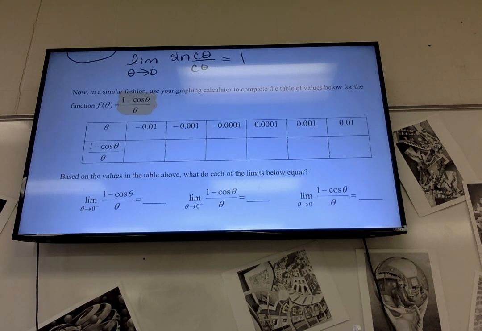So same thing, when you plug it in the calculator, make sure you put parentheses around the top.